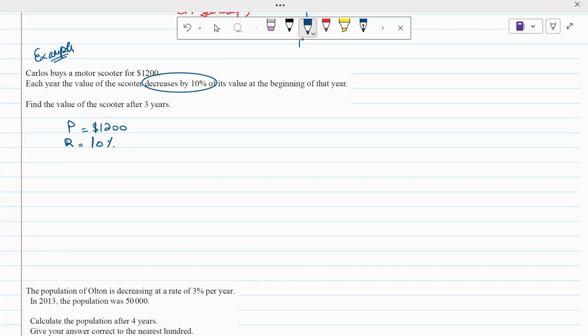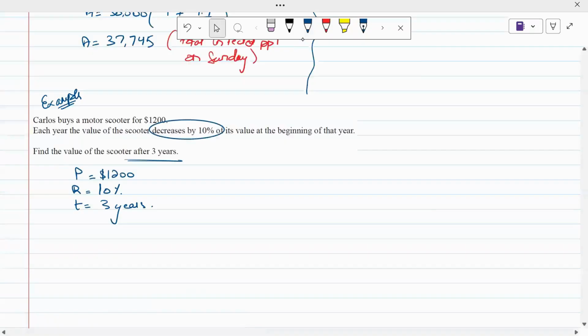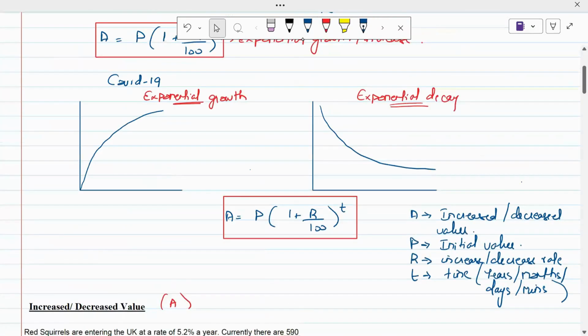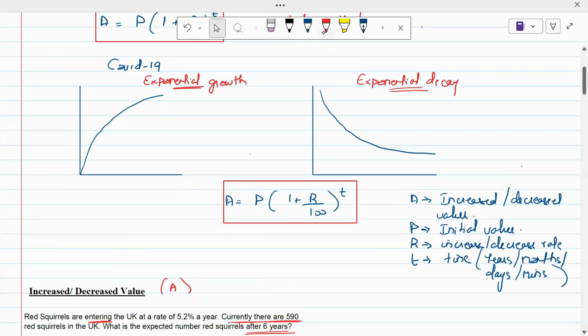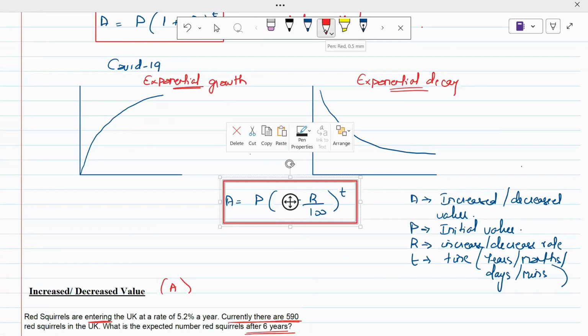Find the value of the scooter after 3 years. After 3 years, that means the time is 3 years. Now there would be a slight change in the formula for the increment. For the increment, something is being increased, so we are using a plus sign.